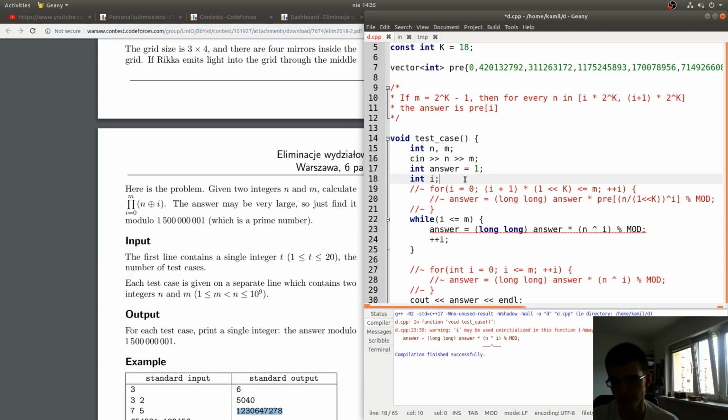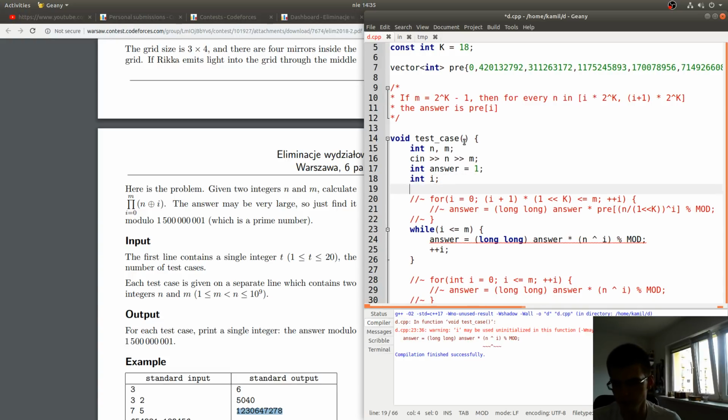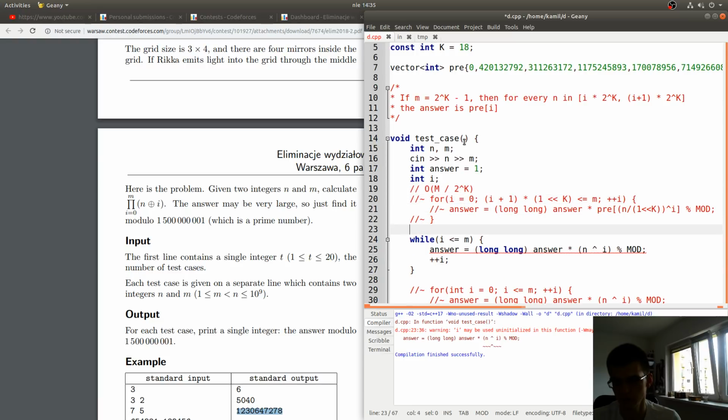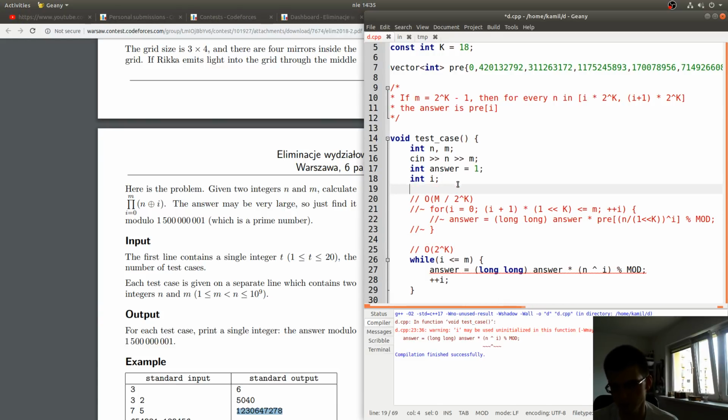That is from preprocessing. So here, first we have complexity O of m divided by 2 power k, and here we have O of 2 power k. And if we have complexities like this, it would be good to make them more or less equal, so that no part would be slower, because then it would be better to make it faster a bit.